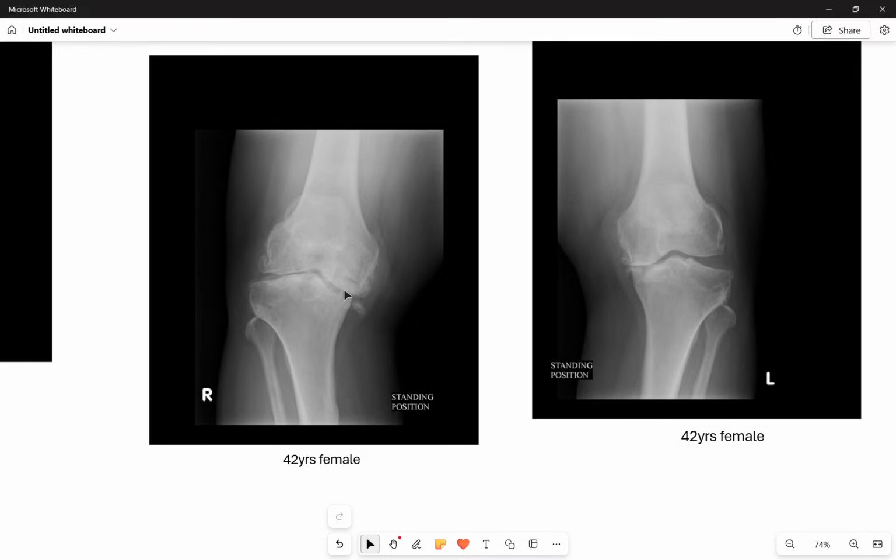Over here, the medial joint space is much narrower, almost as narrow as the lateral space. So throughout, the joint space is narrower. There is also a loose fragment of bone over here, and the articular cartilages have become very irregular.